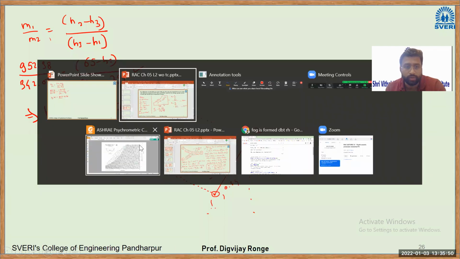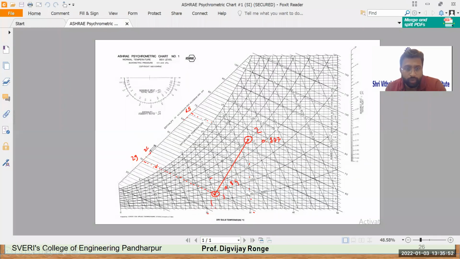38.5, sorry, not the 30. 38.5. So I have to go for 36, 38. 38.5 is somewhere here. So somewhere here I will get this point as 38.5. Okay.